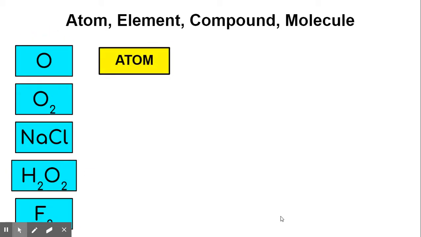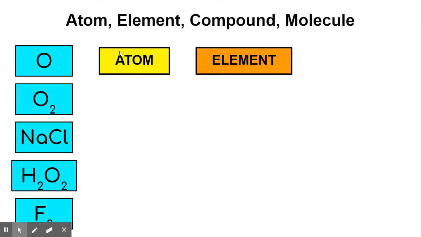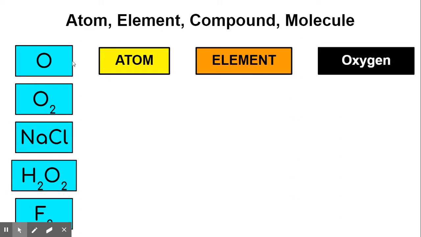The reason it's an atom is because there's no subscript, so that means there's only one atom of oxygen present. Because there's only one element symbol, this is an element. So this is an atom of oxygen. That's what this represents, an atom of oxygen.